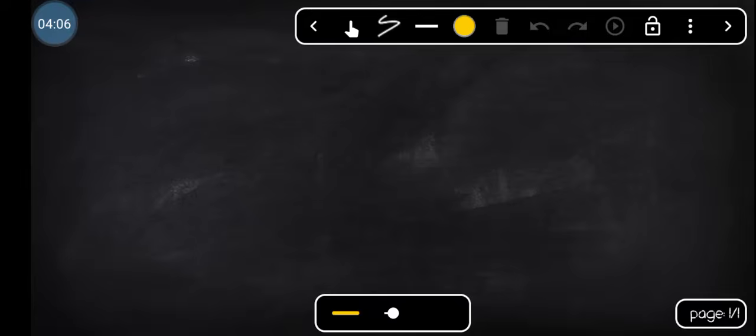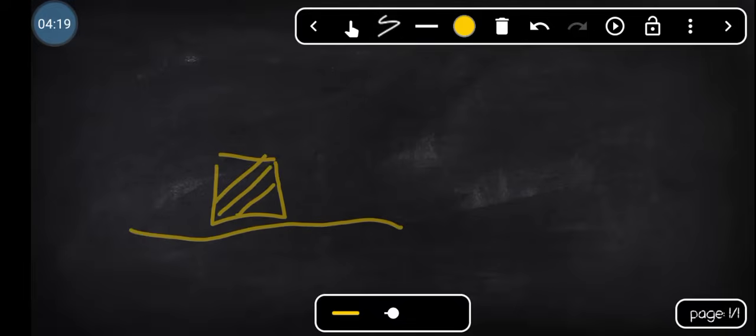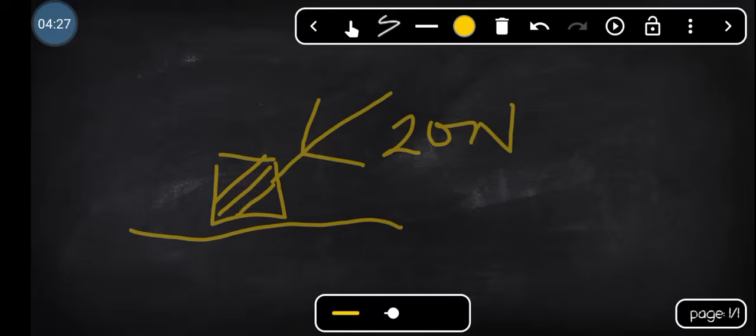Let's say we have a force of 20 Newton acting on an object at 30 degrees to the horizontal, and we are asked to find the component forces.